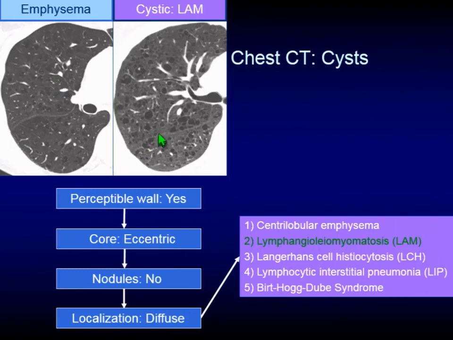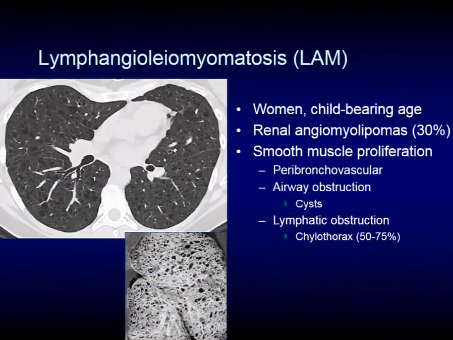If you look closely, most of these cysts don't have anything running through the middle of them, and the core structures look like they're embedded or plastered within the wall itself. There are certainly no nodules, and I don't show you all the images, but I guarantee that this is a more diffuse process. This is lymphangioleiomyomatosis.